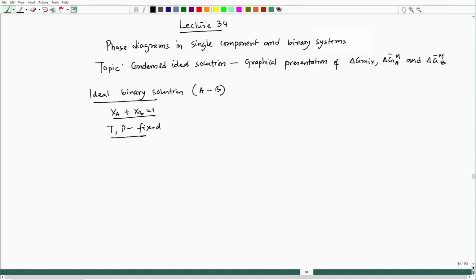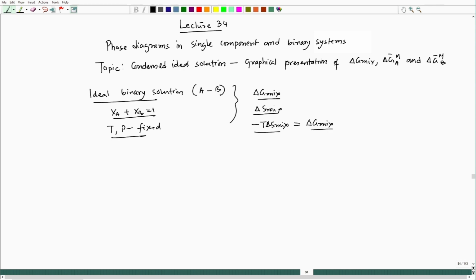We have started seeing graphically how delta G mix appears. Delta H mix is basically 0 from pure A to pure B, any solution you take. Del S mix we have shown, and then we have also shown minus T del S mix, and that is nothing but delta G mix.